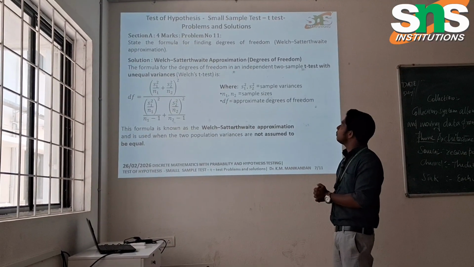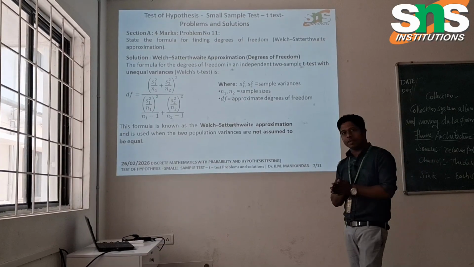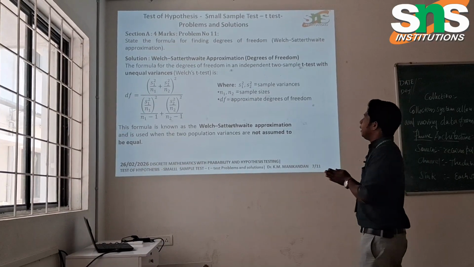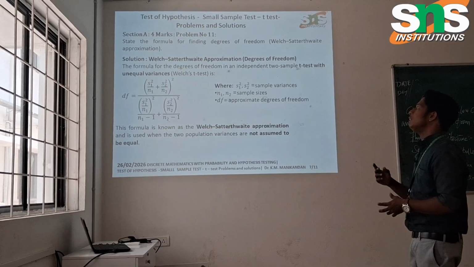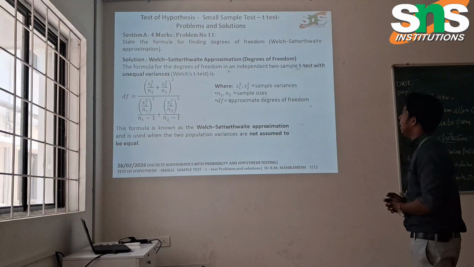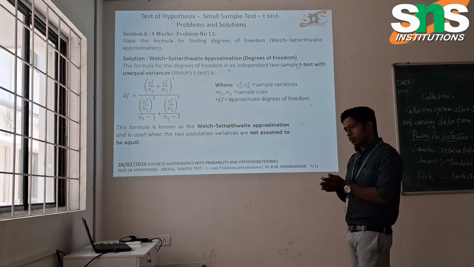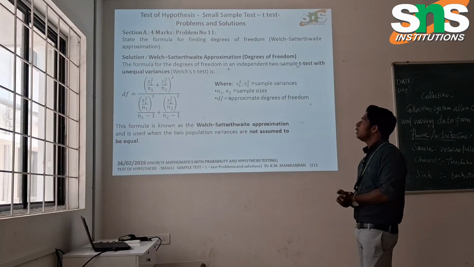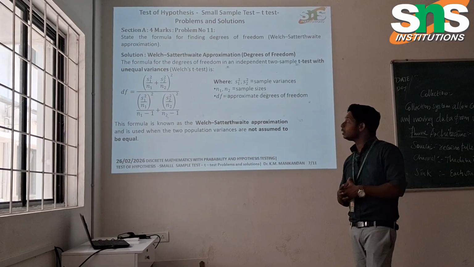The formula for the degrees of freedom is for an independent two sample t-test with unequal variances. S1 squared is the variance of sample 1, and S2 squared is the variance of sample 2.